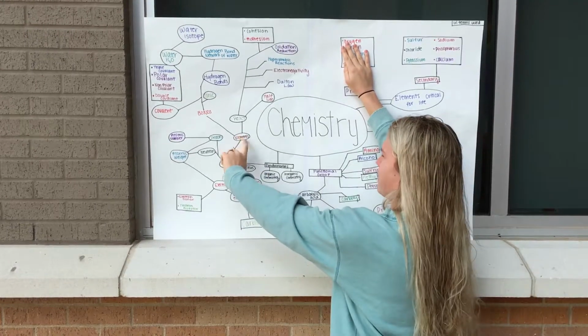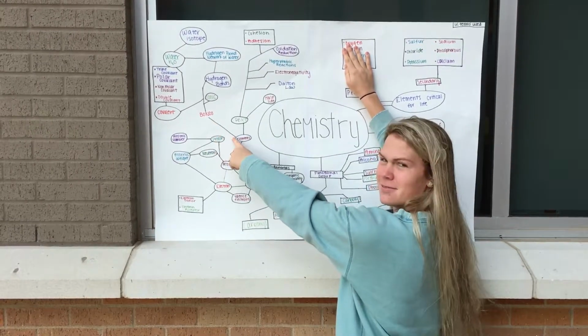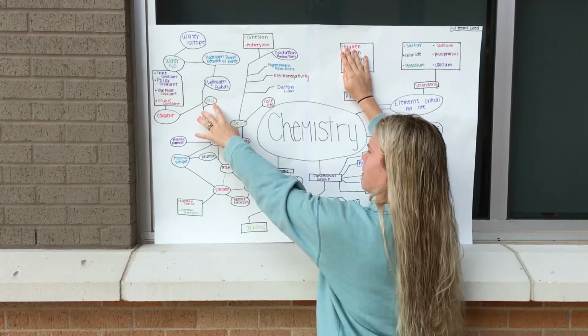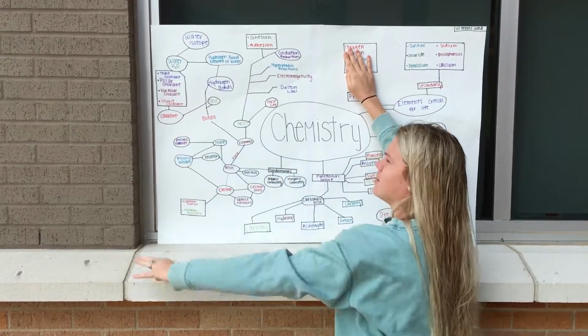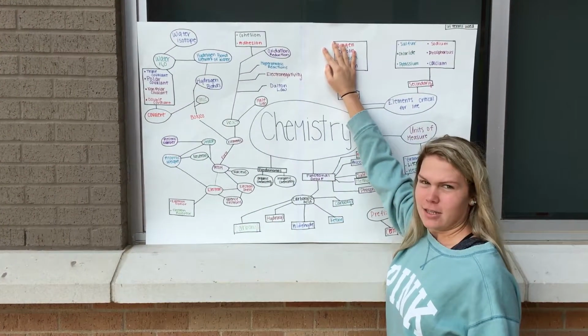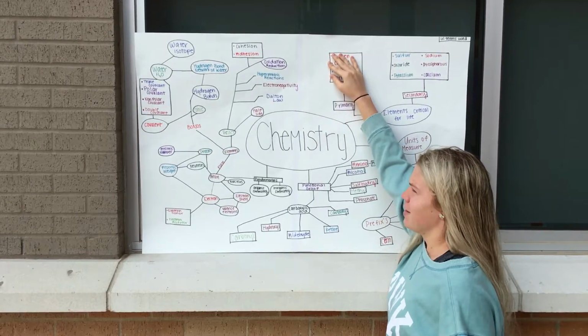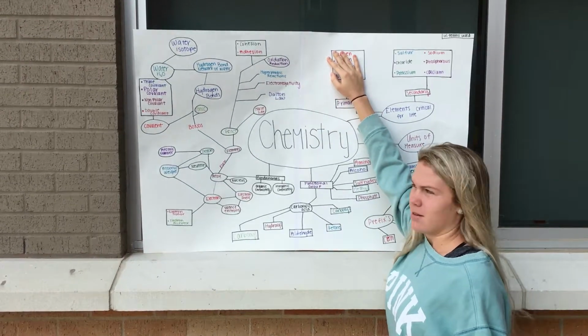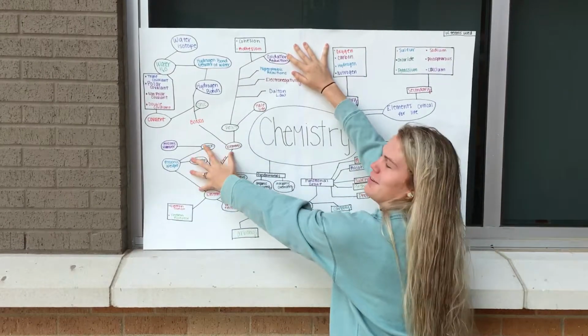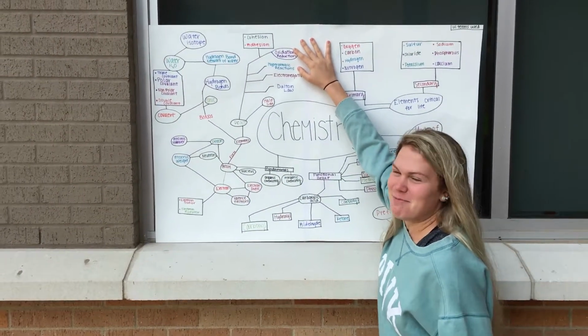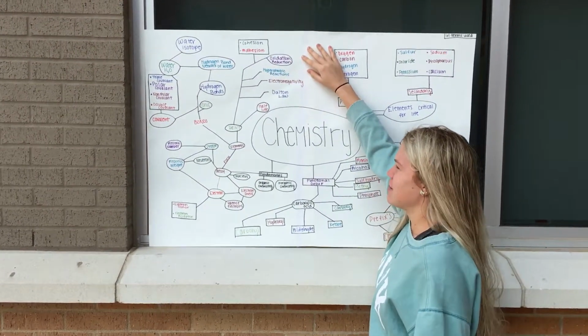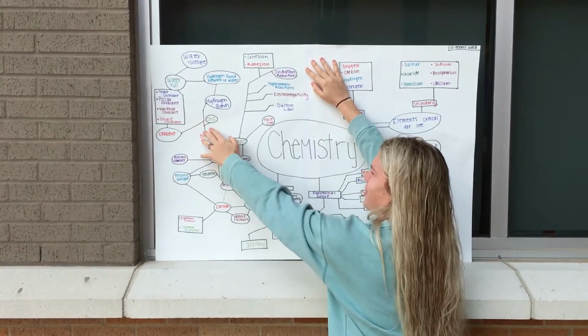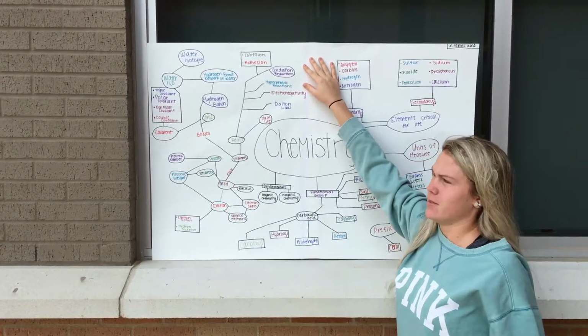And then you have your bonds, and then you have your ionic bond and your covalent bond. In your covalent bond, you have a triple covalent bond, a polar covalent bond, a non-polar covalent bond, and a double polar covalent bond. And then once you go to the covalent bonds, you do hydrogen bonds.